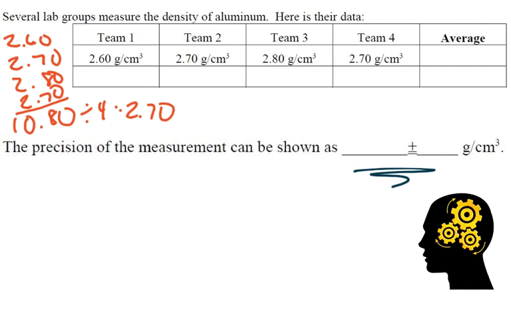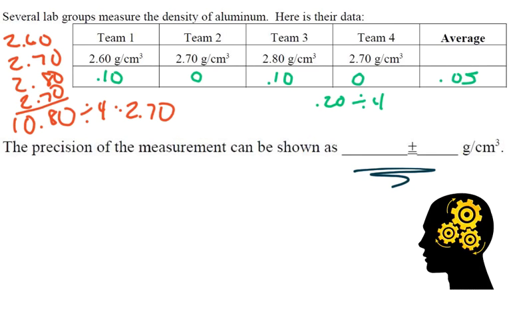Now my deviation. 2.70 and 2.60, the deviation here is going to be 0.1. 2.7, the deviation of 0. Here it's going to be 0.1. And here it's going to be 0. So the sum of my deviations is 0.2, divided by 4, so 0.05.